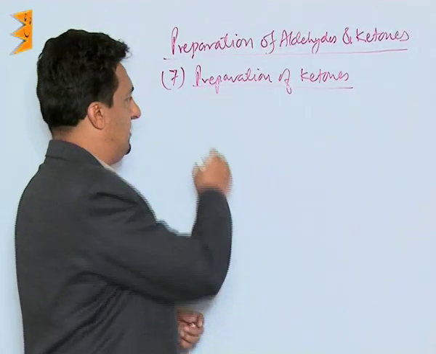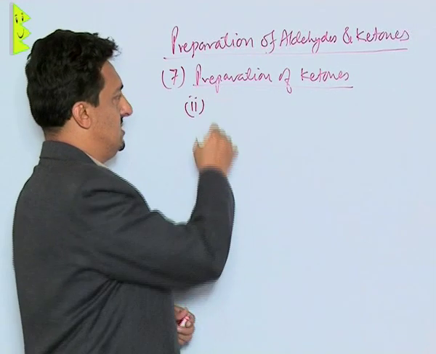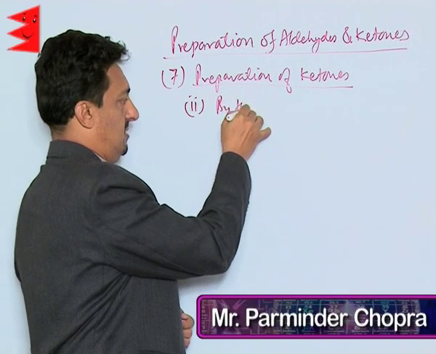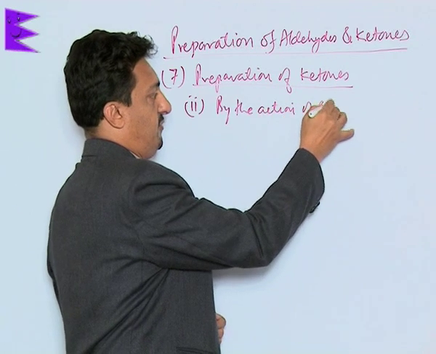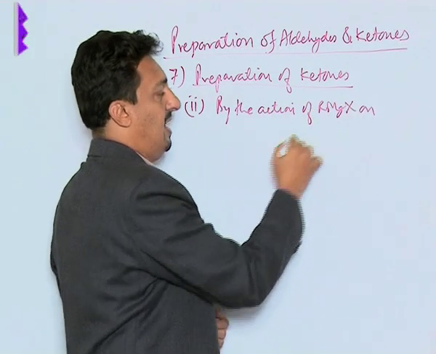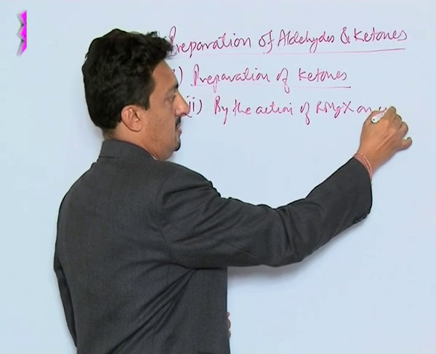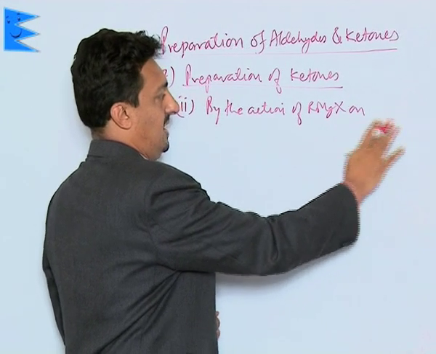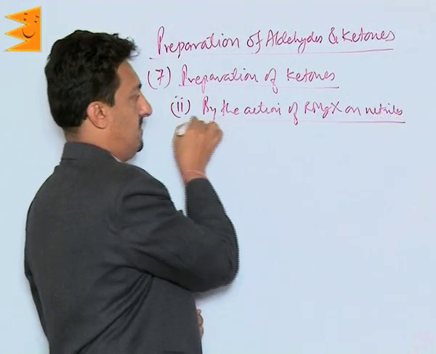The second method to prepare exclusively the ketones is by the action of Grignard's reagent on cyanides or nitriles.